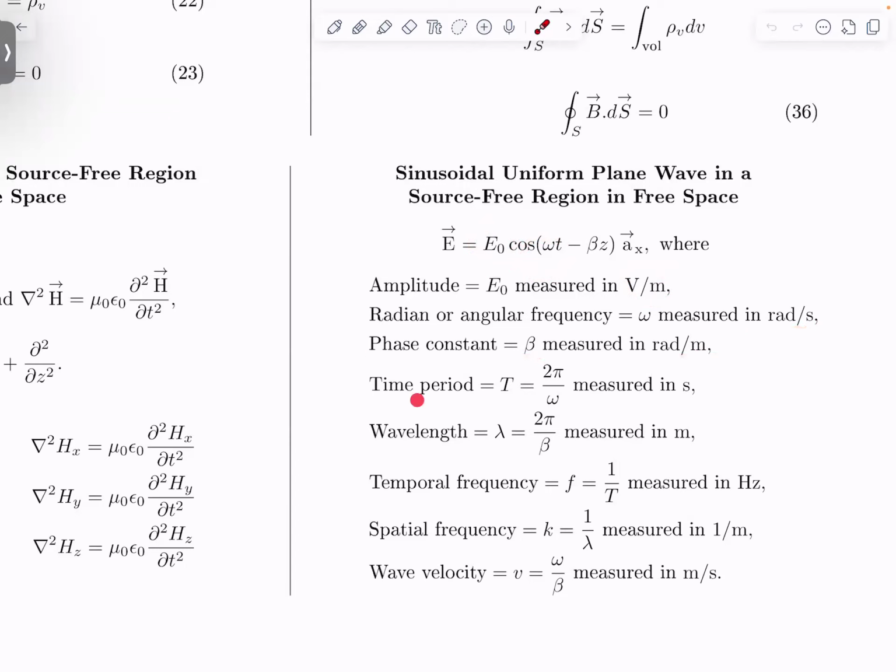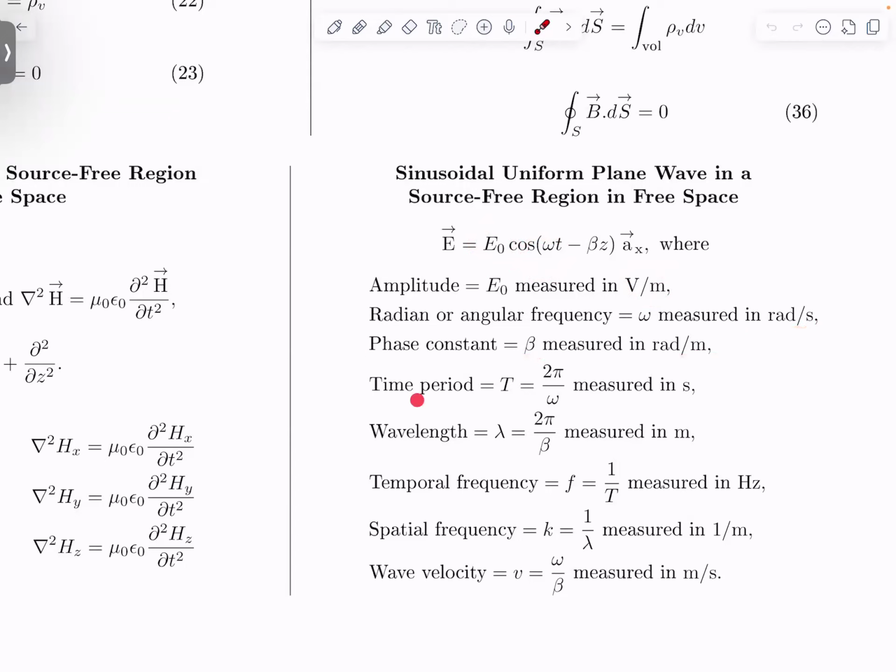All this to show that the time domain expression for the electric field intensity is E naught e to the minus alpha z cosine omega t minus beta z. And if it's oriented in the x direction, it will be like that.